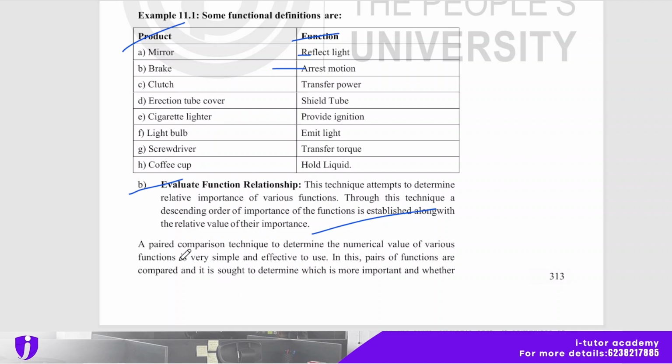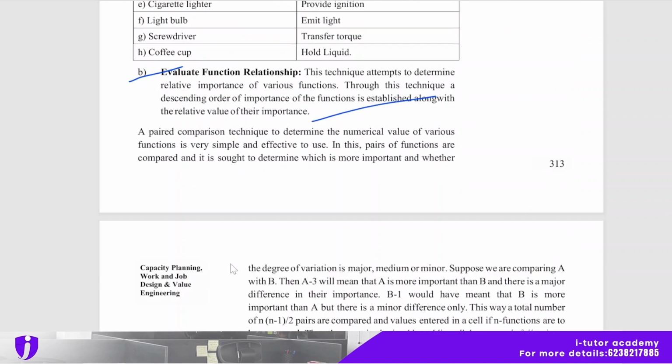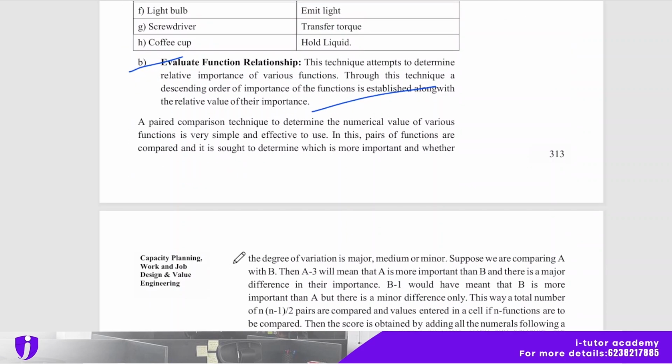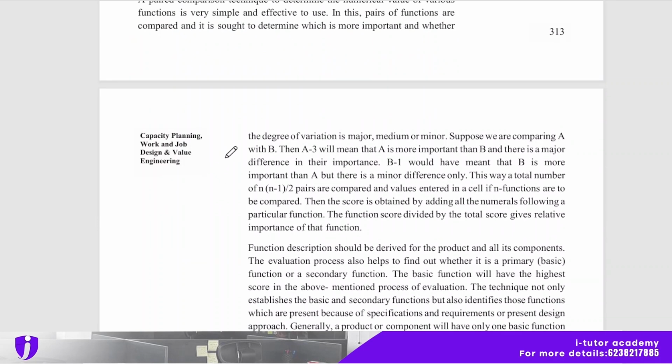In this, a pair of functions is compared to determine which is more important and whether the degree of variation is major, medium or minor. Suppose we are comparing A with B, then A3 will mean that A is more important than B, and there is a major difference in their importance.